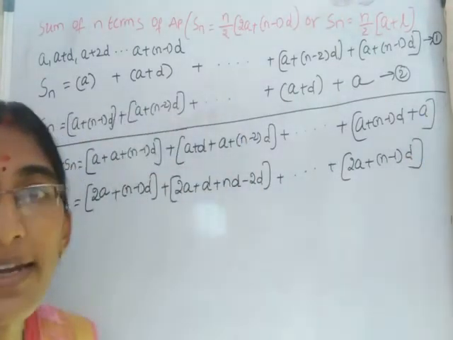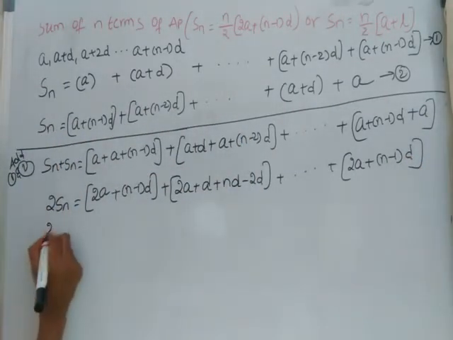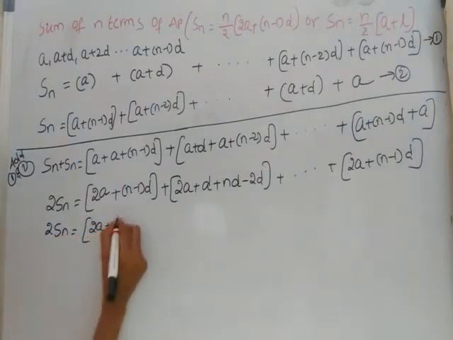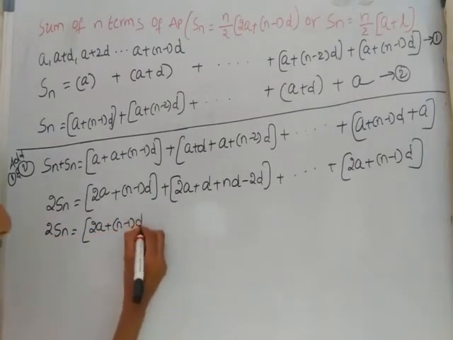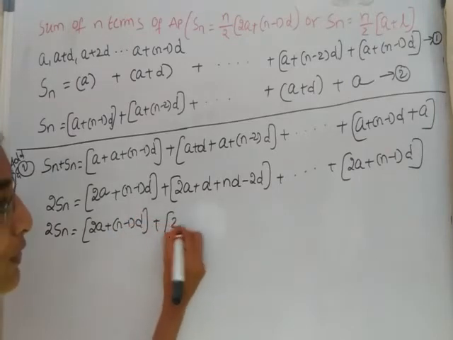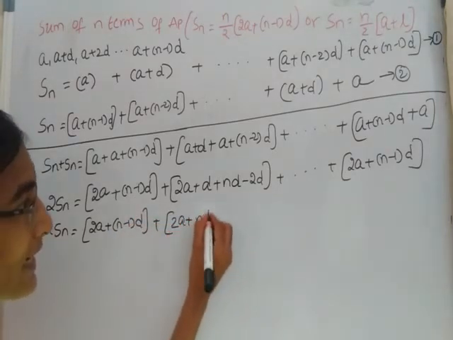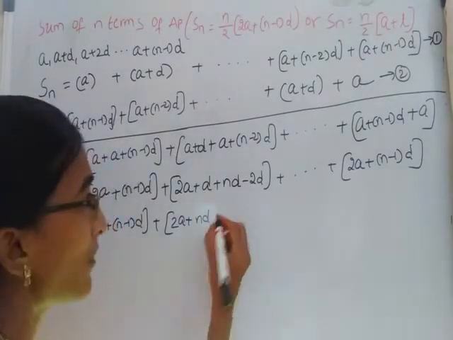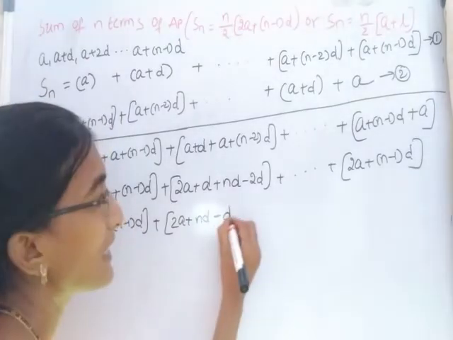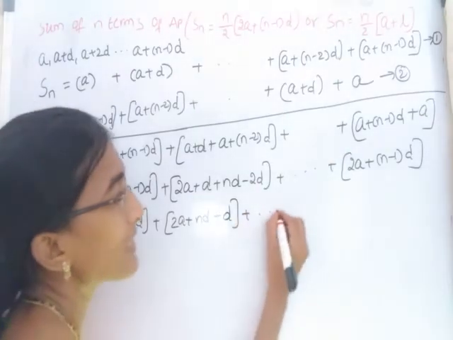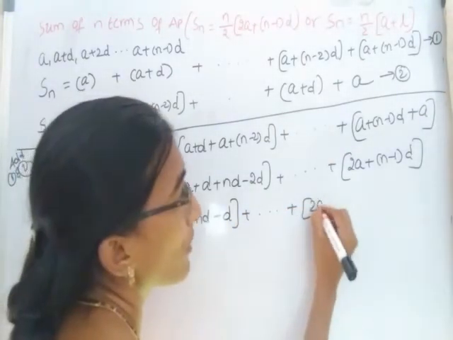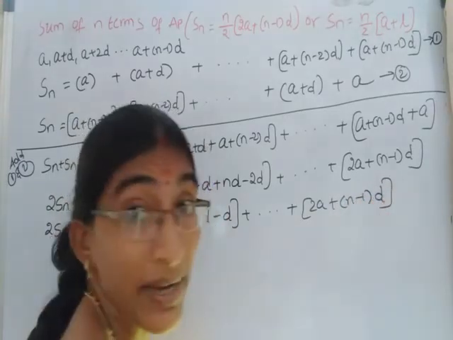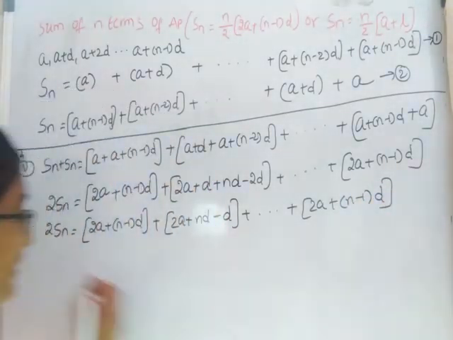2a plus n minus 1 into d. That is 2Sn is equal to 2a plus n minus 1 into d plus 2a plus nd, d minus 2d. What is the value of d minus 2d? Minus d. Plus and so on, 2a plus n minus 1 into d, 2a plus n minus 1 into d.